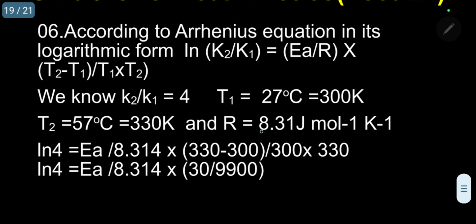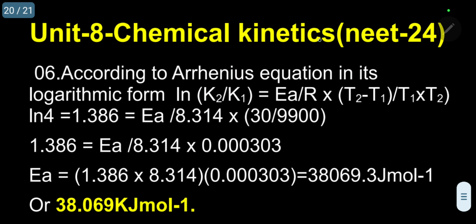So how? Kindly follow me. So ln 4 equal to 1.386. Then EA, 30 by 9900. So that is the value.